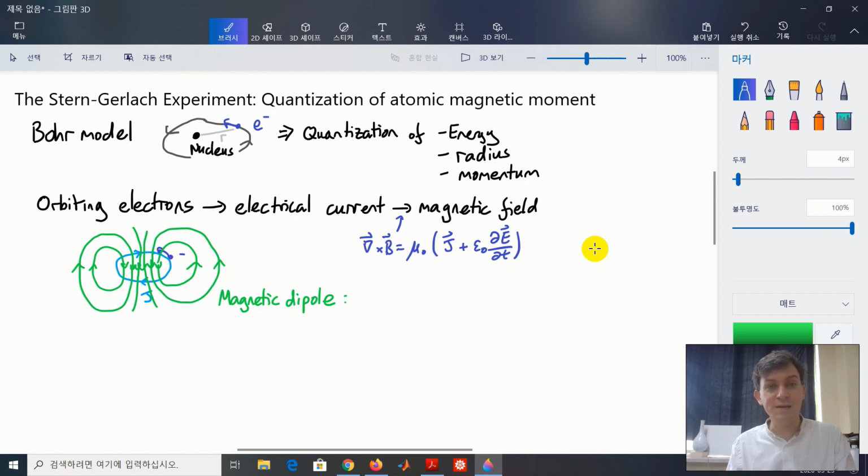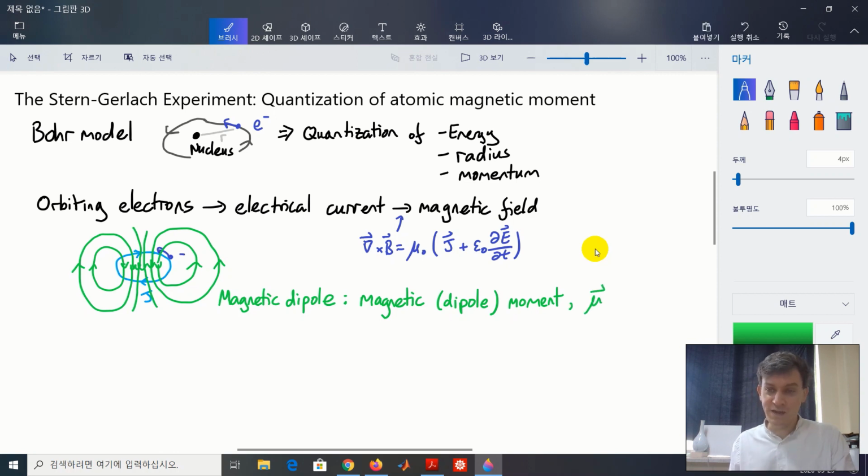Magnetic dipoles can be quantified by a single vector, which is known as the magnetic dipole moment, or just the magnetic moment. The full name is magnetic dipole moment, but often the dipole is dropped. This is usually given the symbol mu or m.